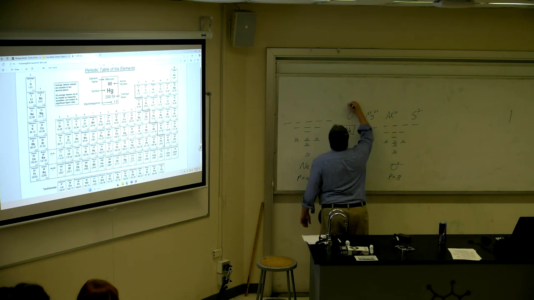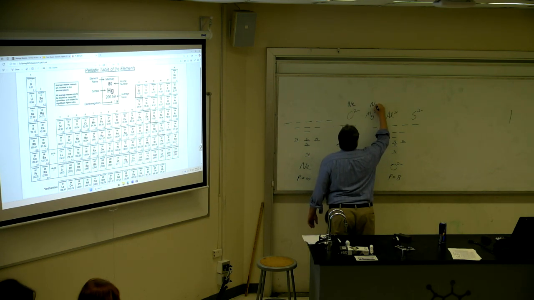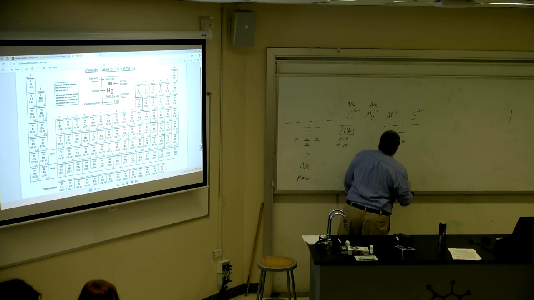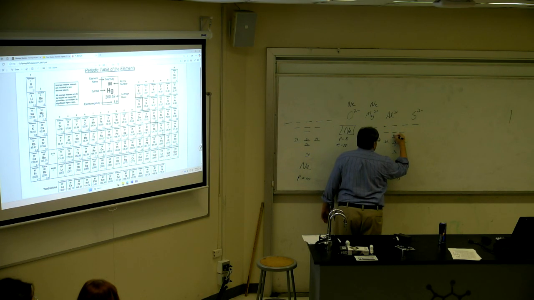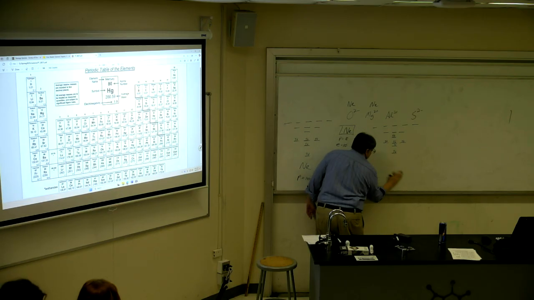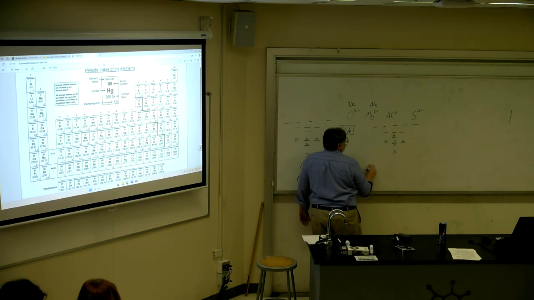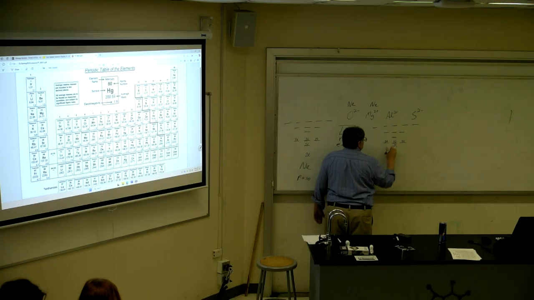Magnesium is over here. When it loses 2 electrons, it becomes +2, and it also ends up with the same electron configuration as neon. It gets there by losing electrons from up here.